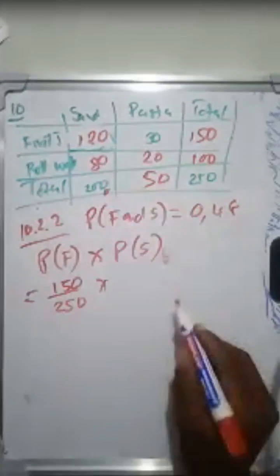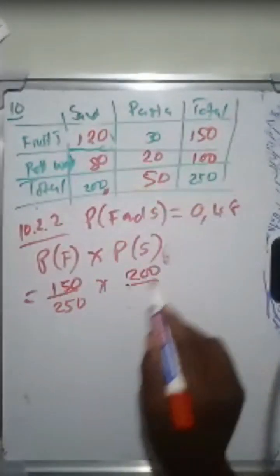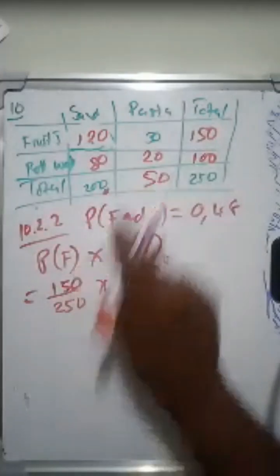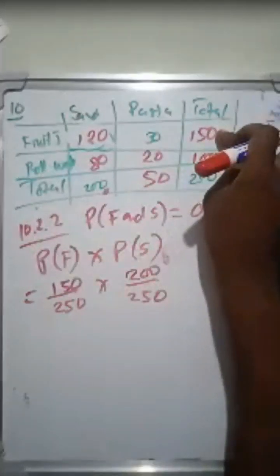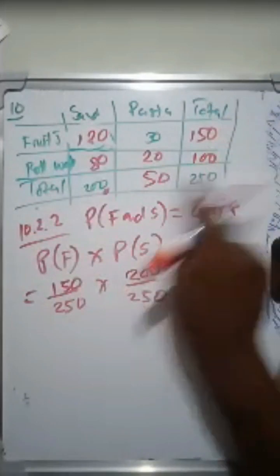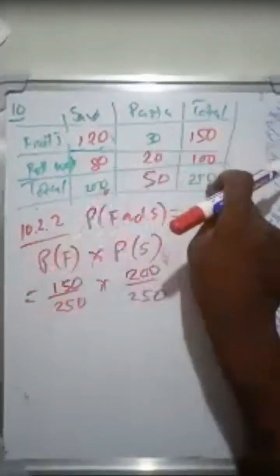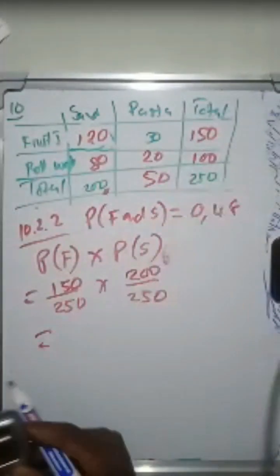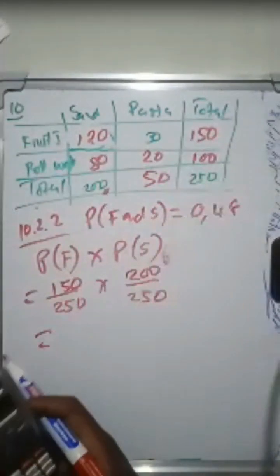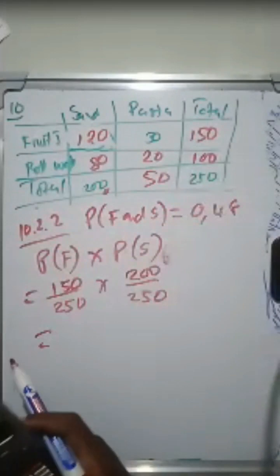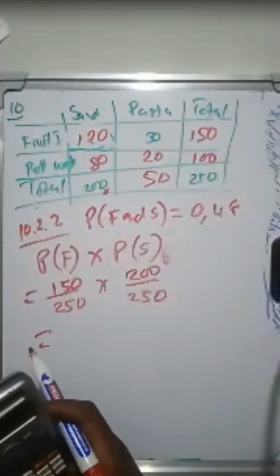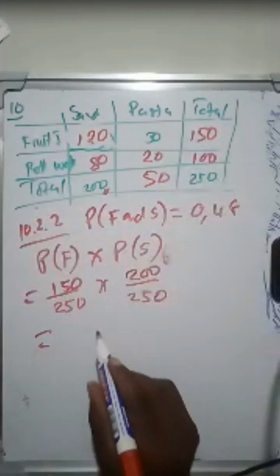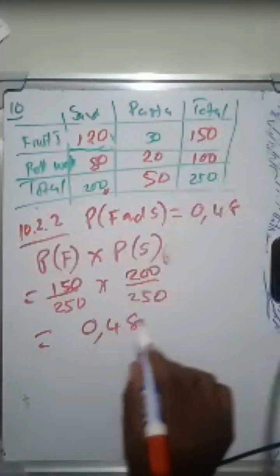The total for sandwich is 200 over 250. So if we multiply the two, what do we get? 150 over 250 times 200 over 250. We see that we get 0.48.